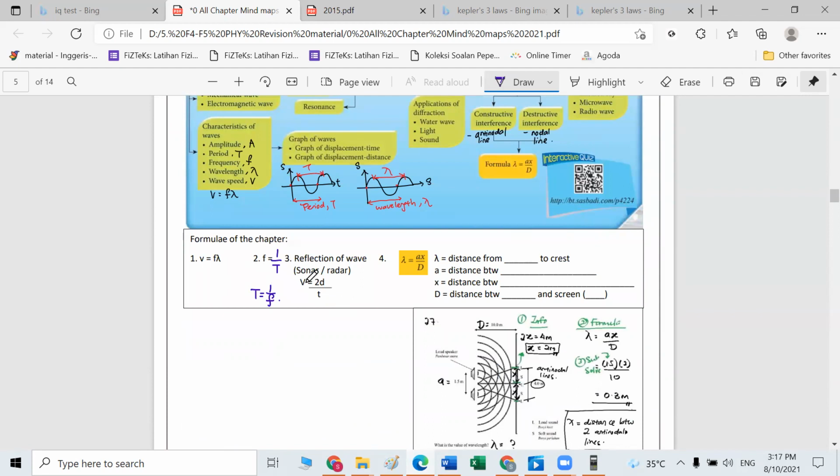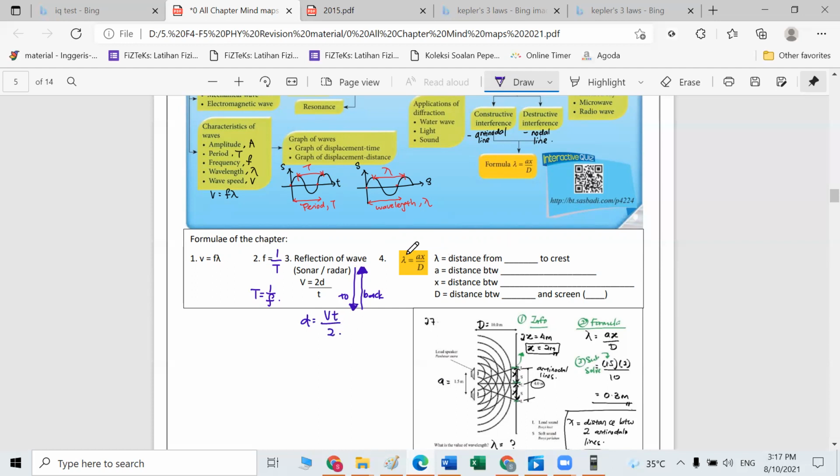Then reflection of wave is v equals to d over t, because the wave travels to and travels back. So d will equal to vt over 2.